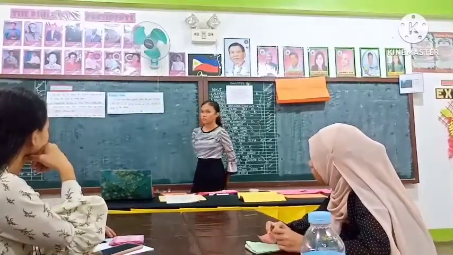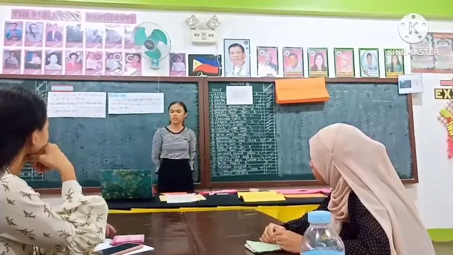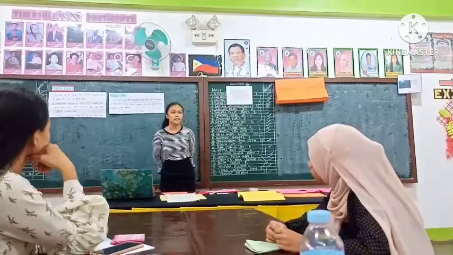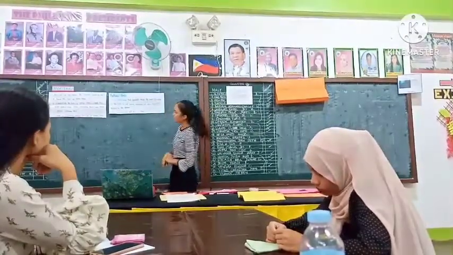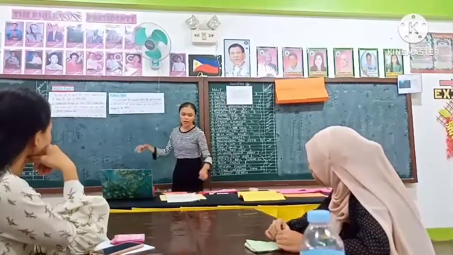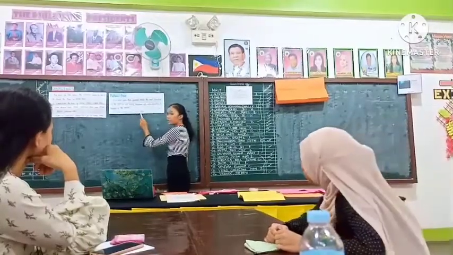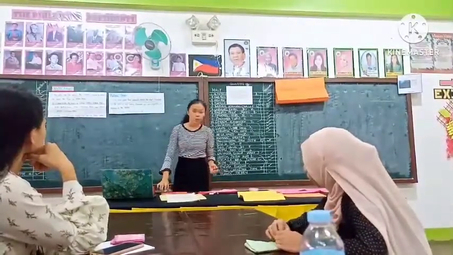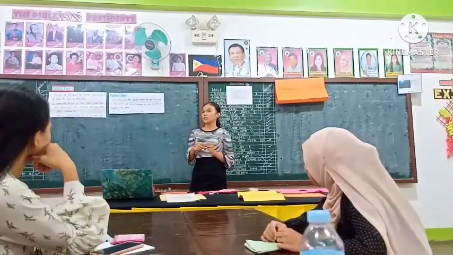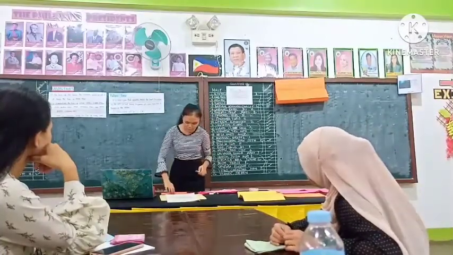Meaning to say, it will not happen yet, but in the future. Okay, very good. So future tense is a verb you use to talk about things that have not happened yet. Just like this example: the party will be so fun. So the word will be here is in the future tense. So whether you write or talk about things expected to happen in the future, you use future tense.